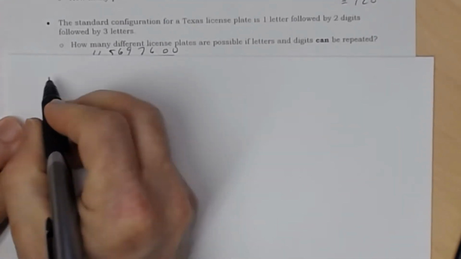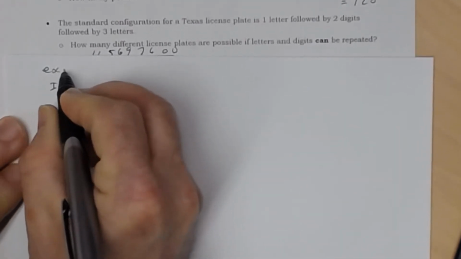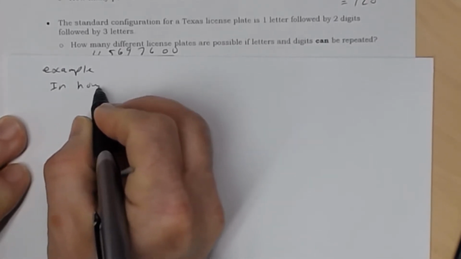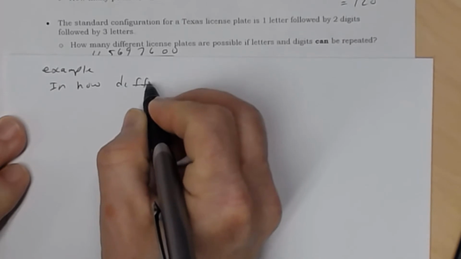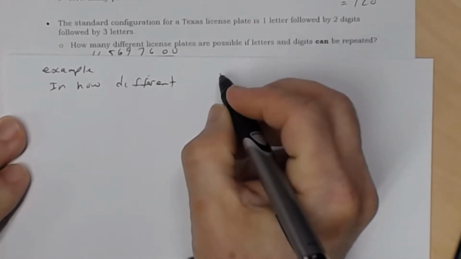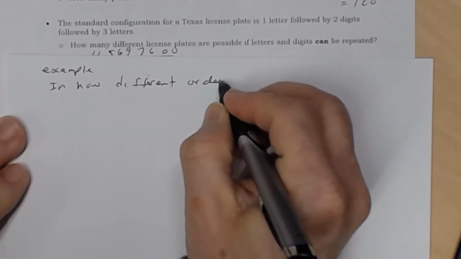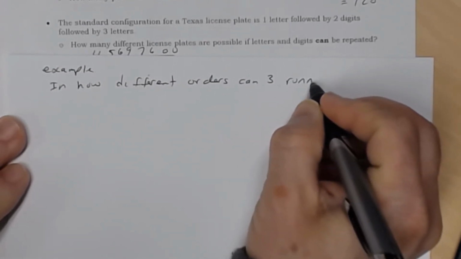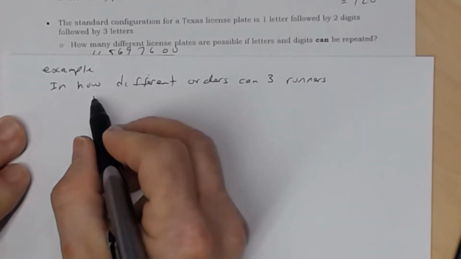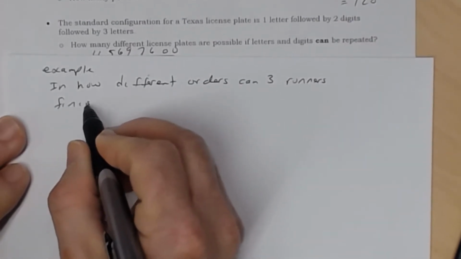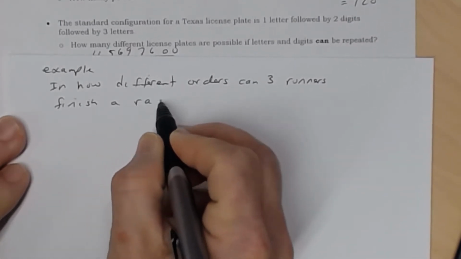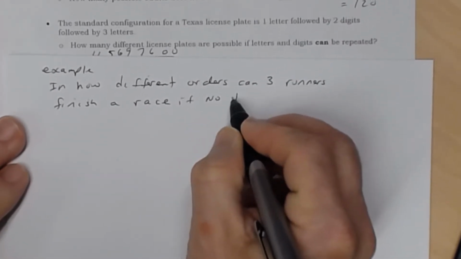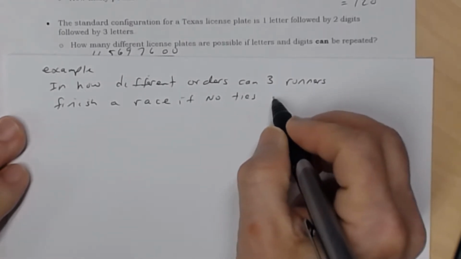In how many different orders can 3 runners finish a race if no ties are allowed?